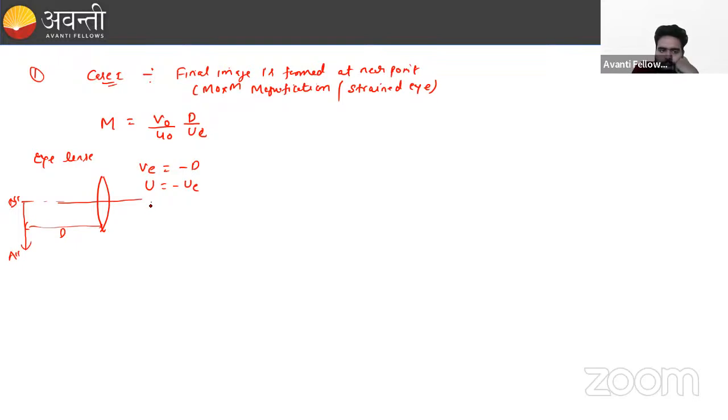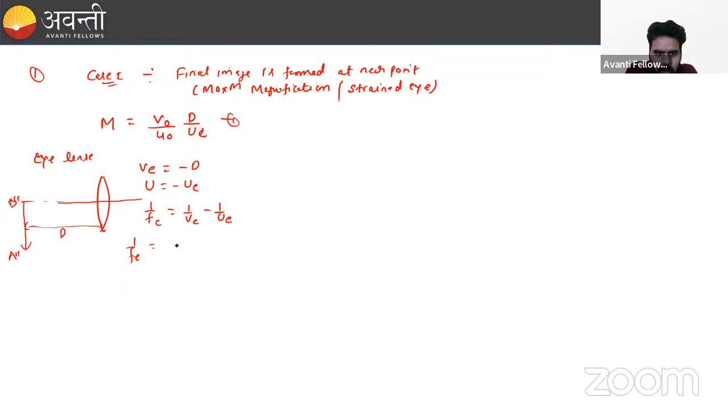Correct. If we apply the lens formula for the eye lens, 1 by Fe equal to 1 by V minus 1 by U. If we put the value here of 1 by Fe, what we have to do? We just find out the value of 1 by Ue and put it as equation number 1. What is the value here?